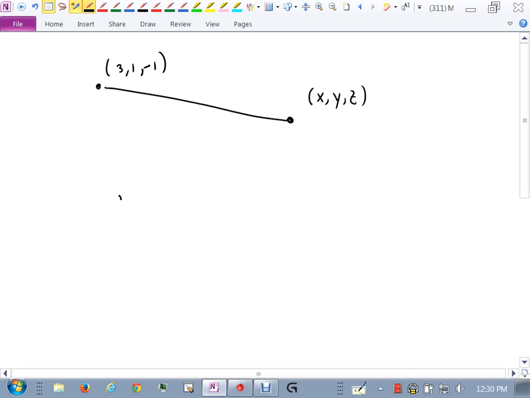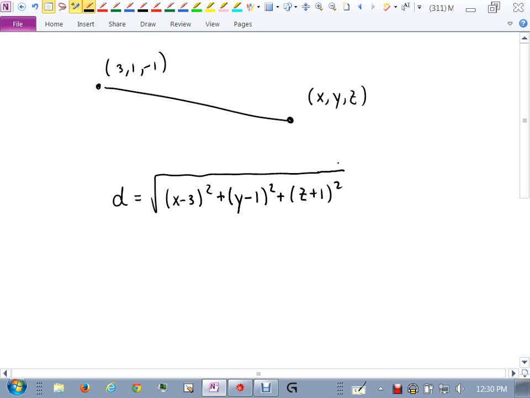I'll call it D. It will be equal to the square root of (x - 3)^2 + (y - 1)^2 + (z + 1)^2. That's the distance formula for the distance between 2 points in three-dimensional space, one of the first things we ever studied in here. That's the distance between an arbitrary point and the point that we were talking about.